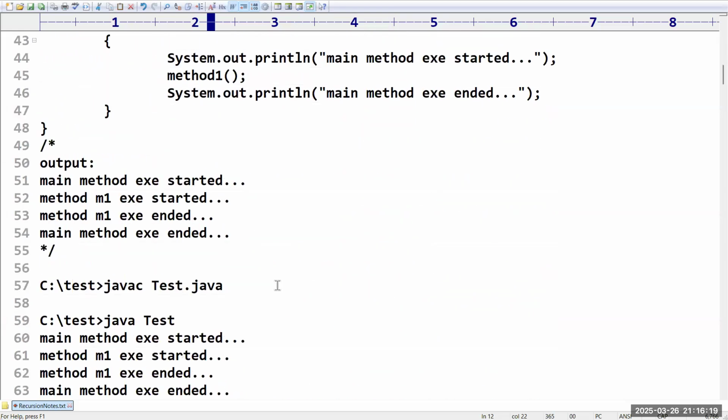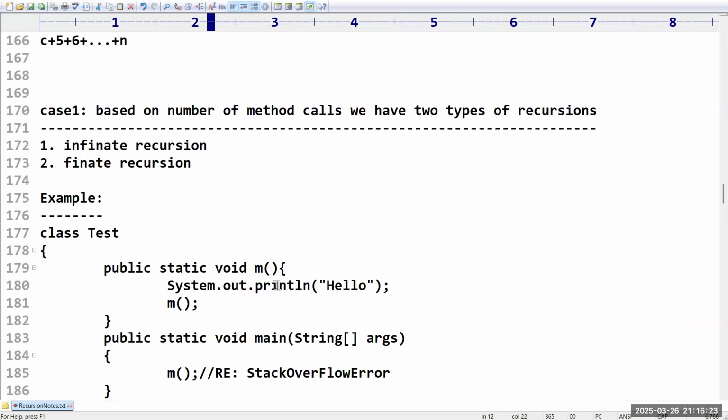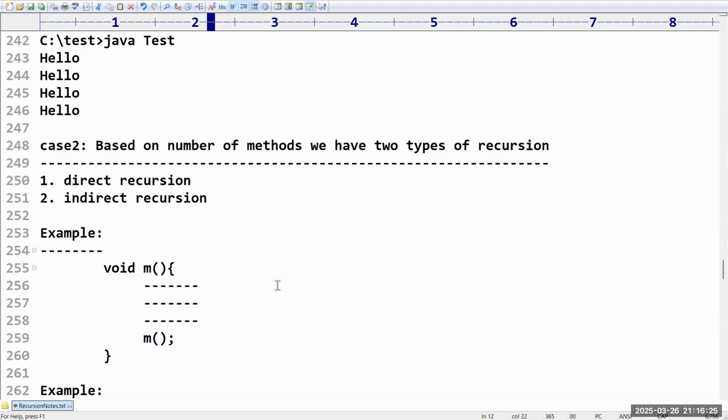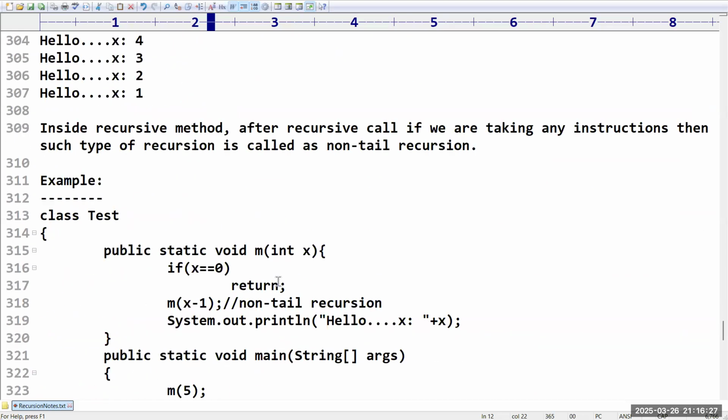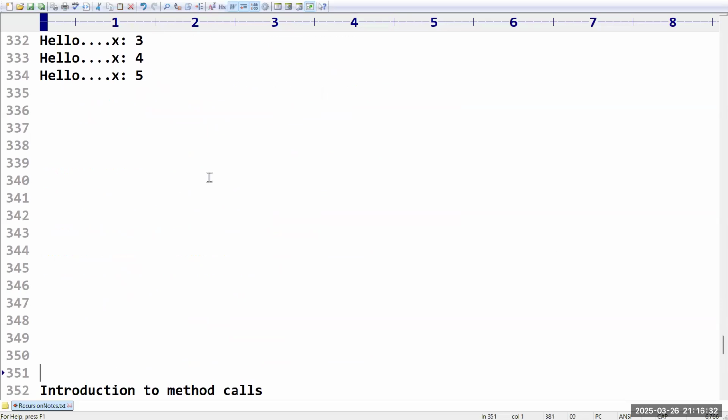Right. Now, today we are going to see some applications on this recursion. One by one, we will see the applications. Maybe some applications are very simple, some applications are complex. Let me cover them one by one.